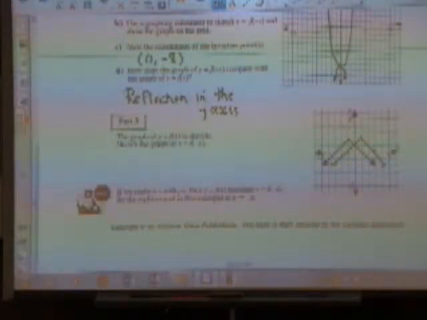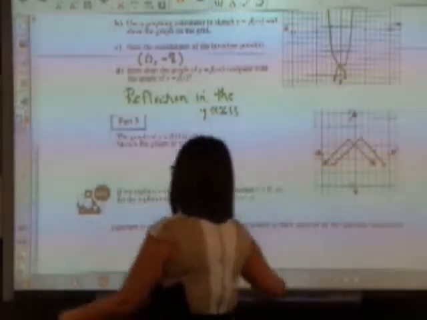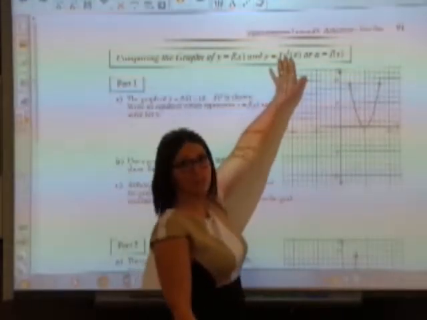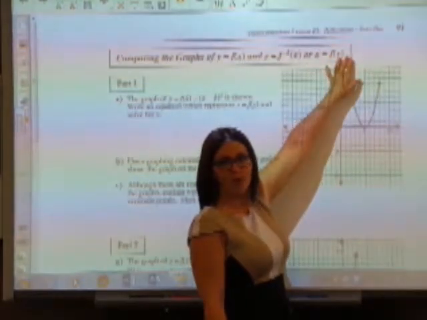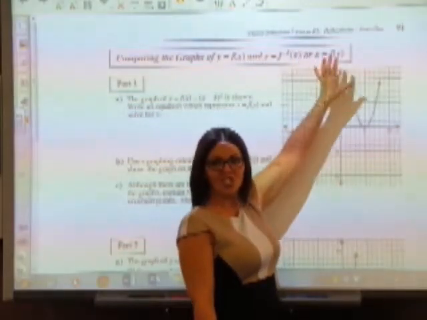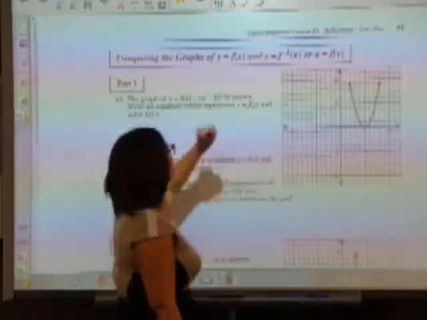So then the last one that we have is y equals f of x and y equals f inverse of x, which is what? It's an inverse function. So the inverse function can be written as y equals f inverse of x, or it can be written as x equals f of y, because in the inverse we're interchanging the x and the y values.